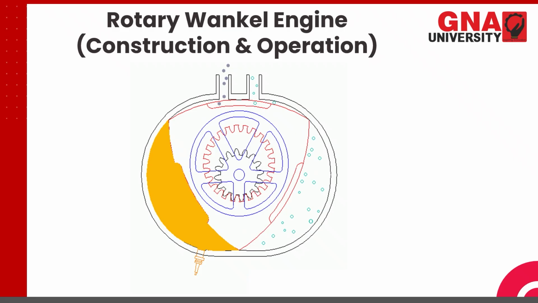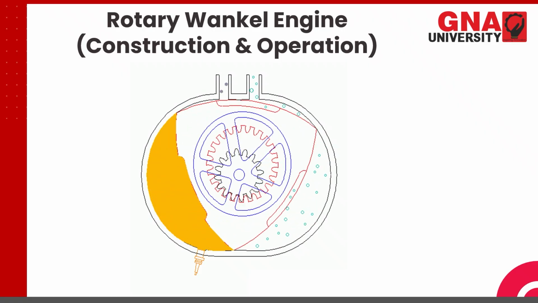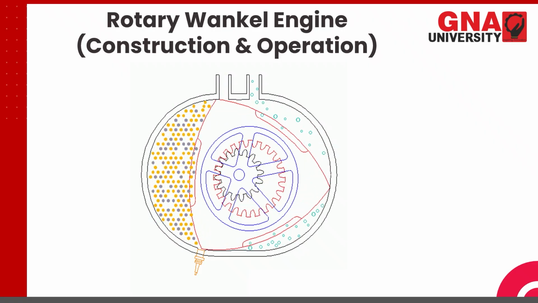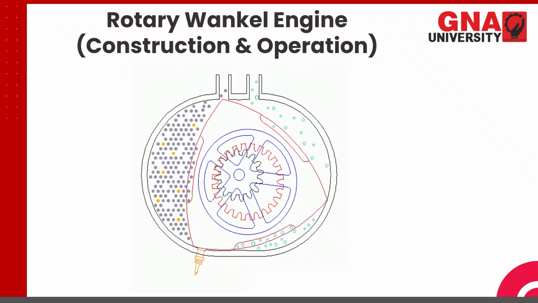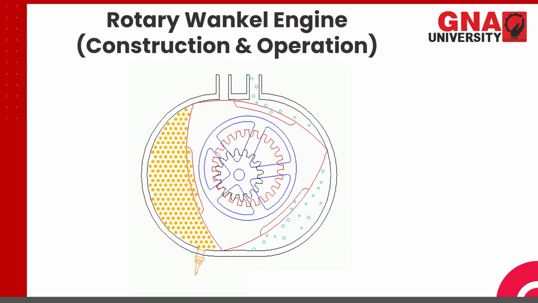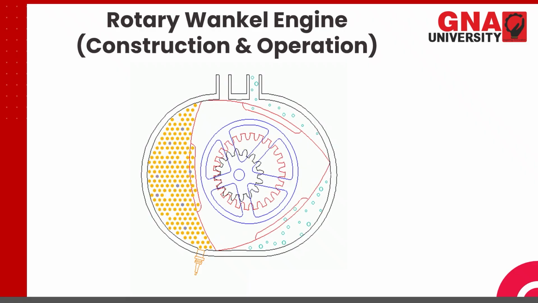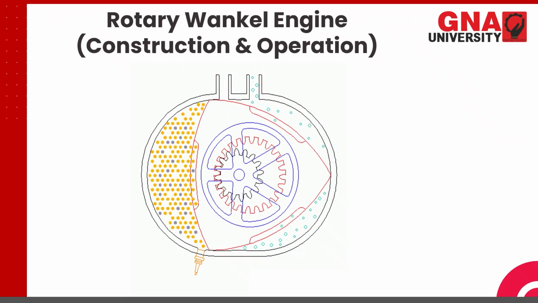So as it rotates, the inlet charge is coming from this side, shown in blue dots. So here the suction is there, compression is there, here the spark plug is there, so ignition will take place, expansion will take place, and from here the exhaust gases move out. This is the operation of the rotary engine.